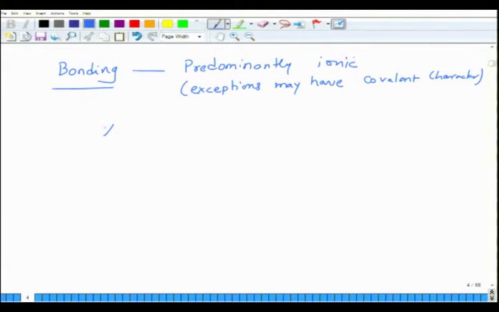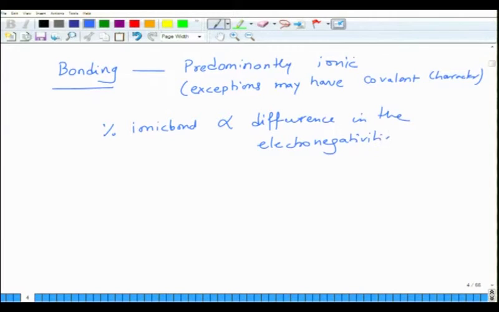So, percentage ionicity or ionic bond is proportional to the difference in the electronegativity of, let us say, A and X, where A is the cation, X is the anion.